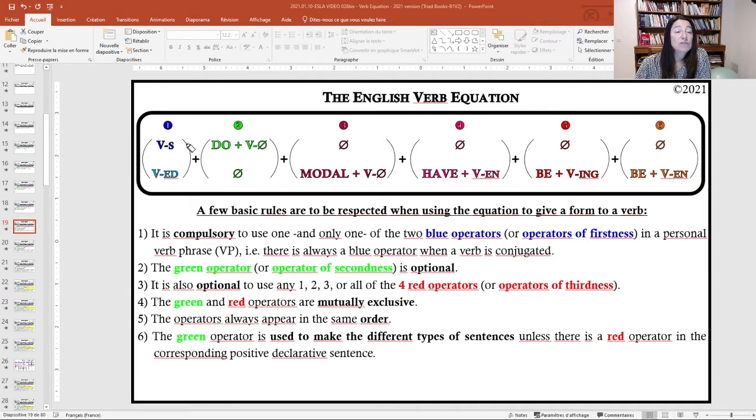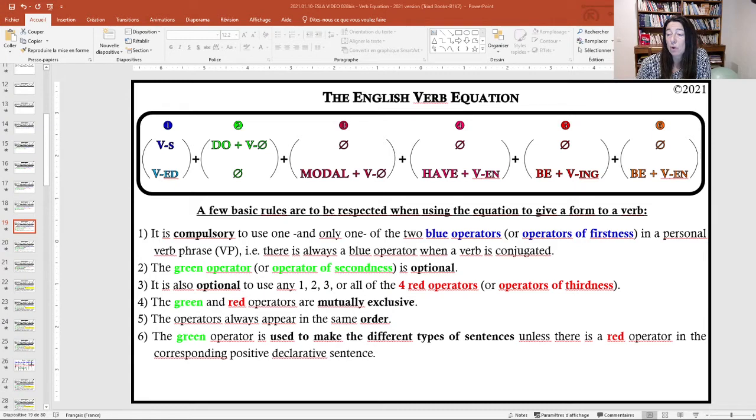So let's say we choose VS, and then if I use do plus V0, I cannot use any of the red operators. And vice versa. So if I choose not to use do plus V0, then I can very well not use any of the red operators.